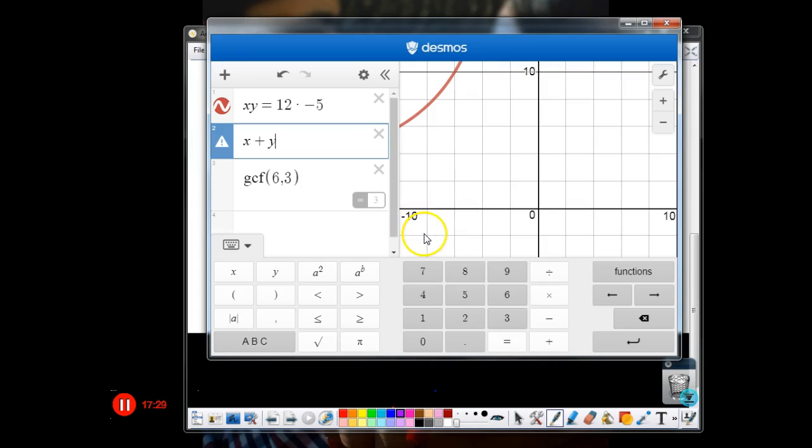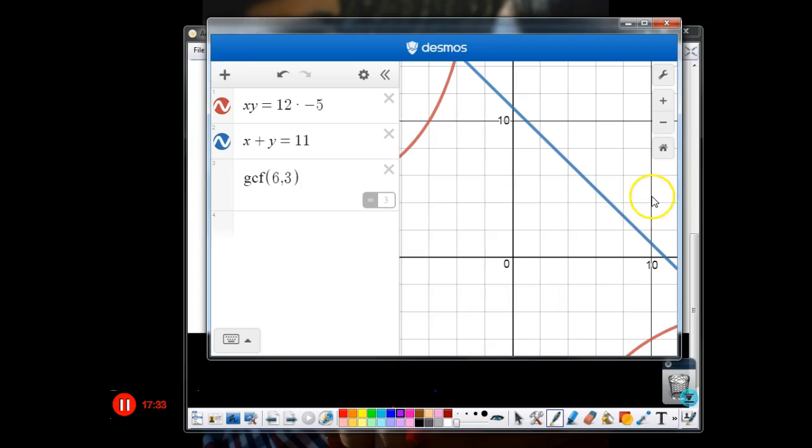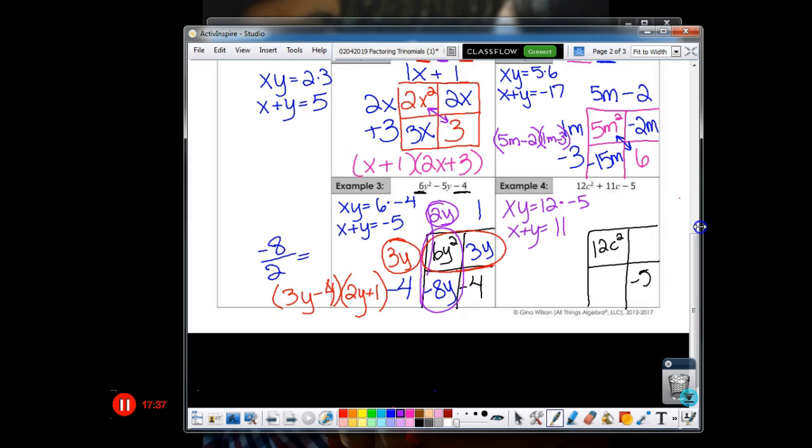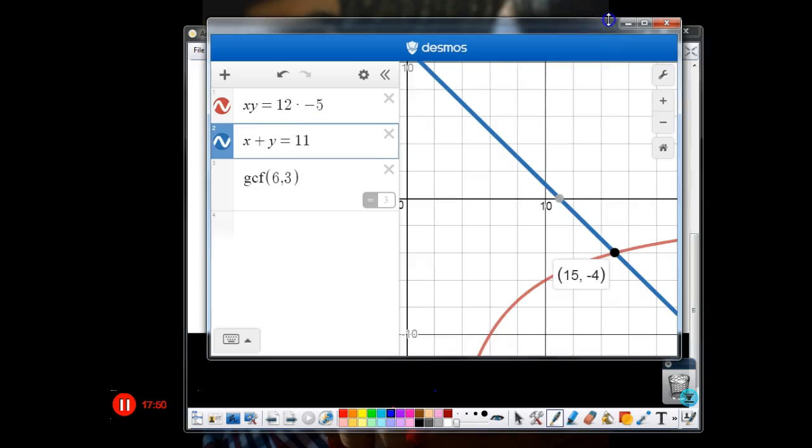Okay, shh. Equals 11, so you want to find your 8. So 15 and negative 4, right? 15 and negative 4, guys. Calm down. So 15c, negative 4c. Okay, so now let's find our GCF.